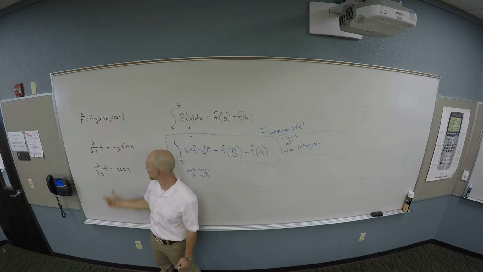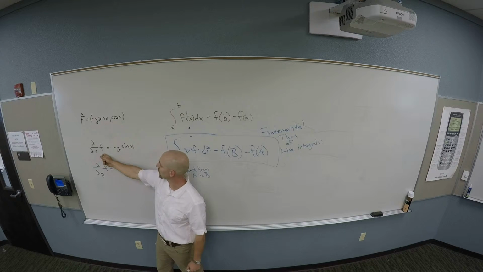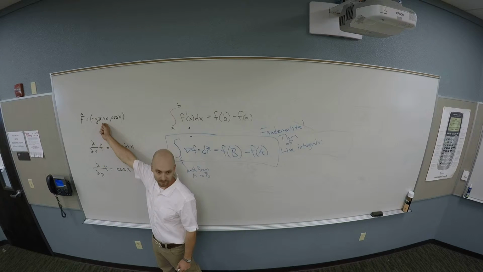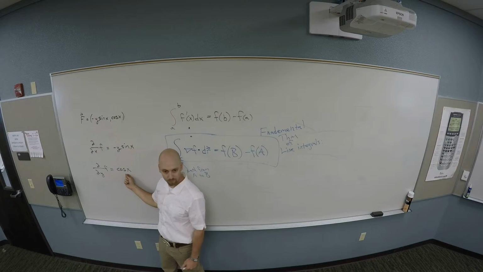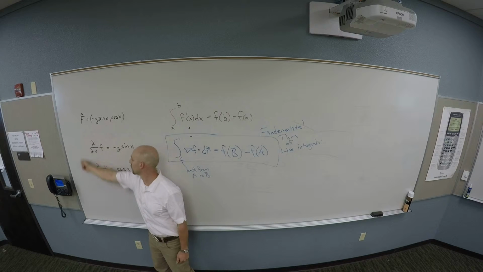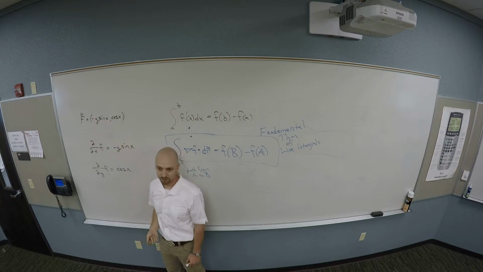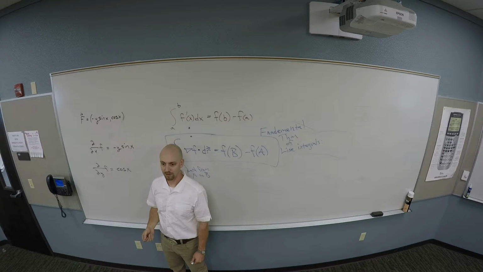If it's the gradient of something, the partial with respect to x of f is the x component, and the partial with respect to y is the y component. So can I exhibit a function of x and y that has these two partials?